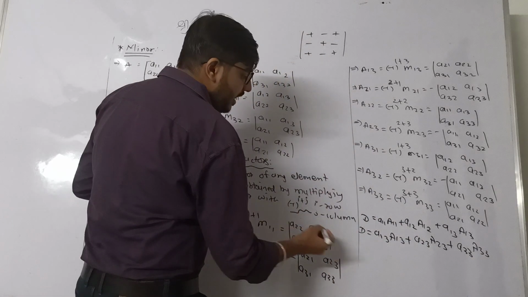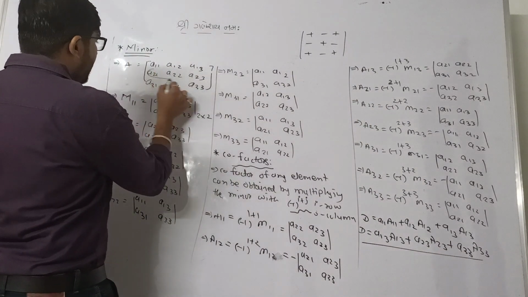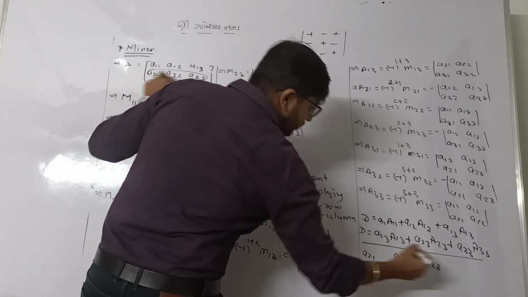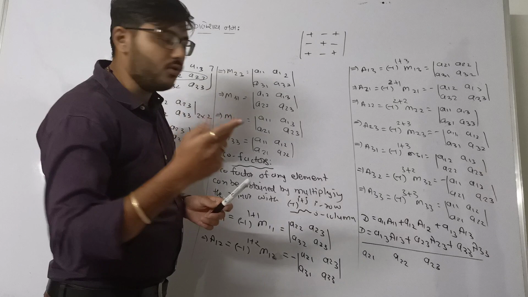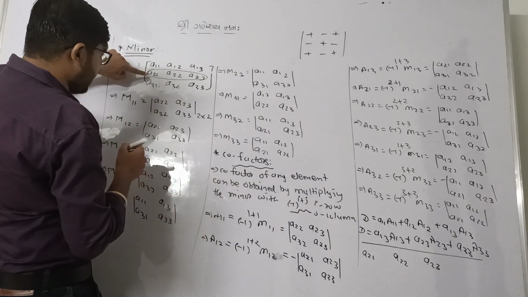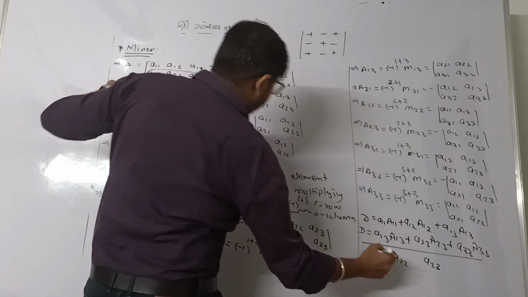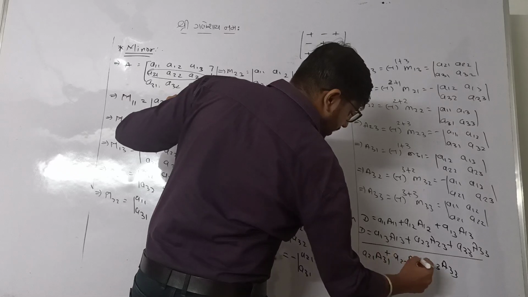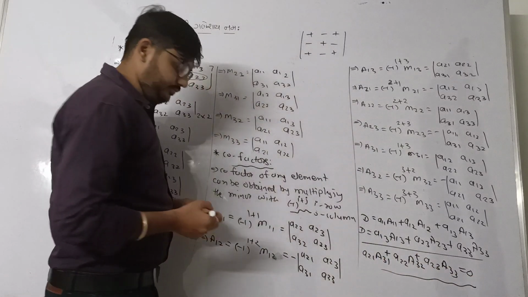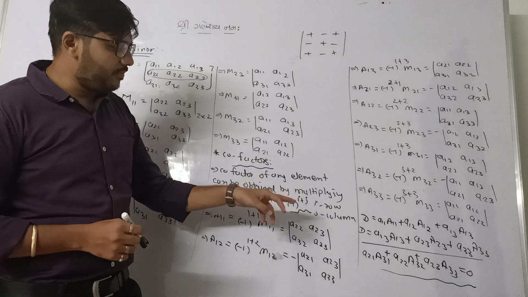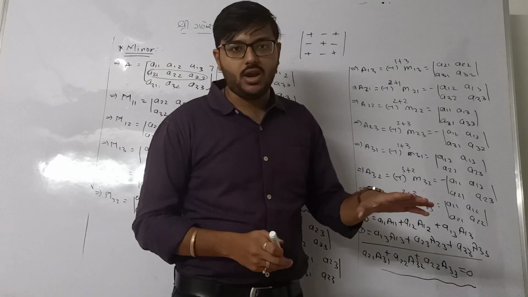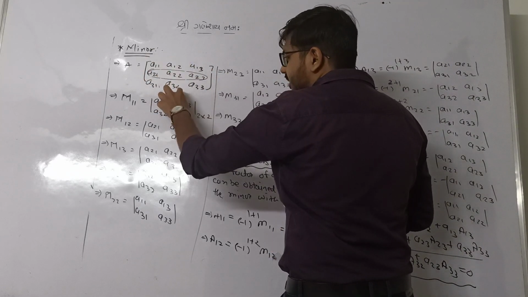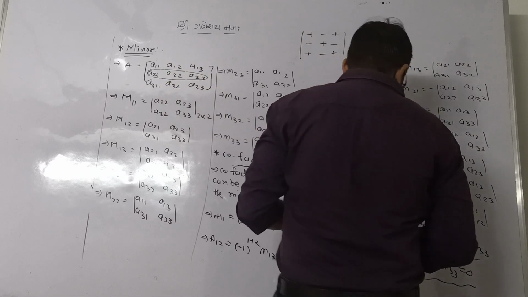That means if you take the elements from the second row, let's take A21, then A22 and A23, and let's go with the cofactors of the third row, that is the corresponding capital A31, capital A32 and capital A33, and then when you take the sum, the answer will be 0. Same property we have for any row or any column. That means if you take elements from the second column and cofactors of the third column, then also the answer will become 0.